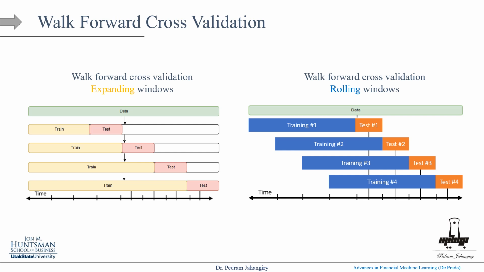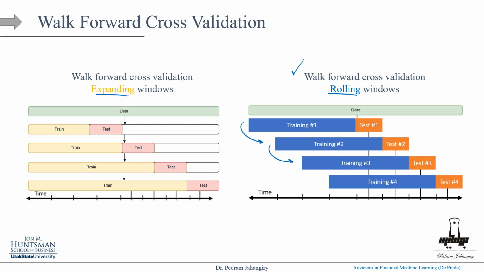All right. The second cross-validation technique for time series is walk-forward, right? We can have two forms of walk-forward cross-validation. One is using rolling windows, and the other is using expanding windows. Starting with walk-forward cross-validation with rolling windows, or sliding windows, the data is split into a series of overlapping windows, and as you can see, these have overlap, right?